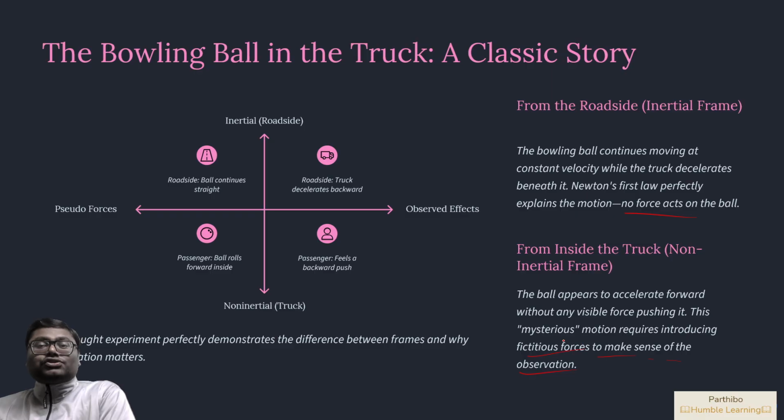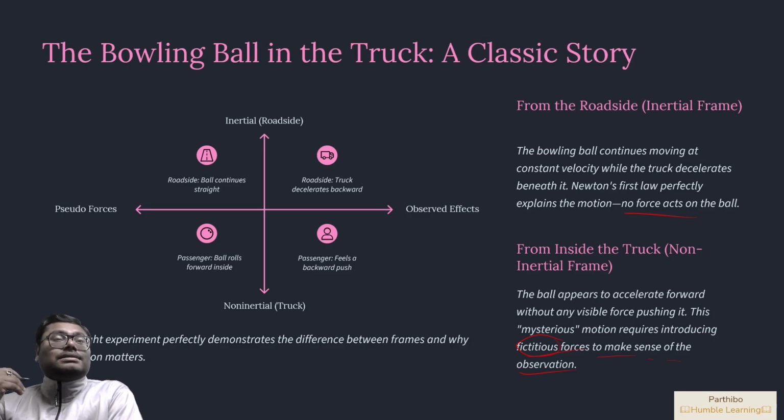So who is actually observing the fictitious force? The person in the non-inertial frame. And who is the person in the non-inertial frame? The person sitting inside the truck, because after braking the truck decelerates. As it decelerates, we see the ball accelerating forward, but the actual story is that the ball is moving on its own, while the truck is decreasing its velocity.